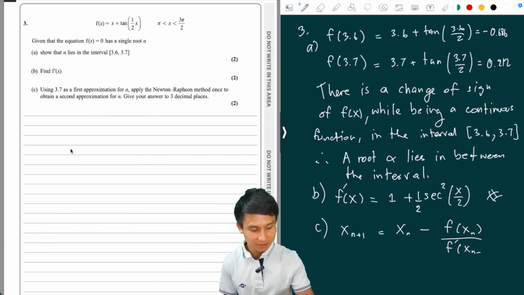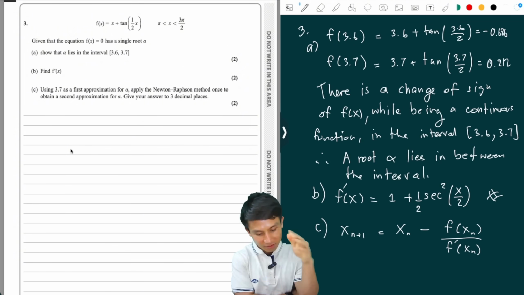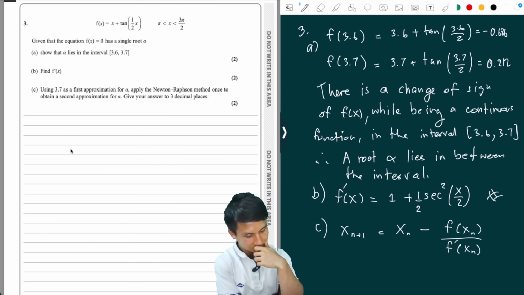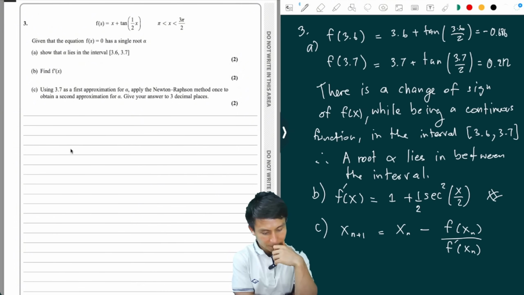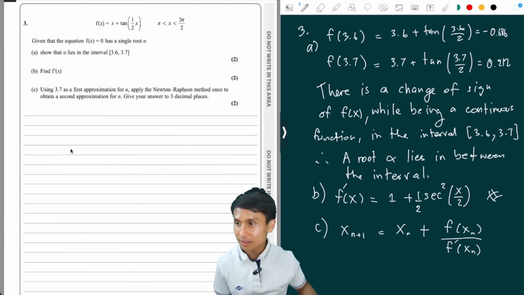No, n, right? So that's Newton-Raphson, isn't it? Let me just check the algebra here, because f prime x_n, that should be a plus, right? Should be a plus here, I think.